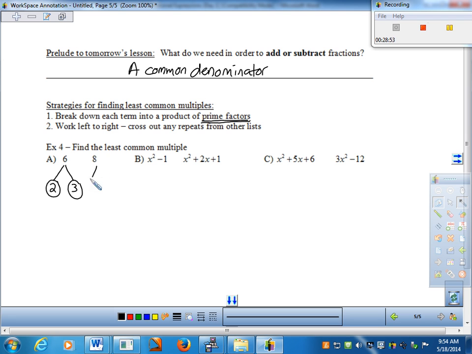Now everybody, if you would, the 8. 8 can be written as a product of 2 and 4. So let's go ahead and just do a couple branches on that 8, 2 and 4. 2 is prime, everybody, so circle that. 4 is not prime. It can go further. And so 2 factors of 2, and we circle those as well. So it is the circled values that are our prime factors of 6 and 8.